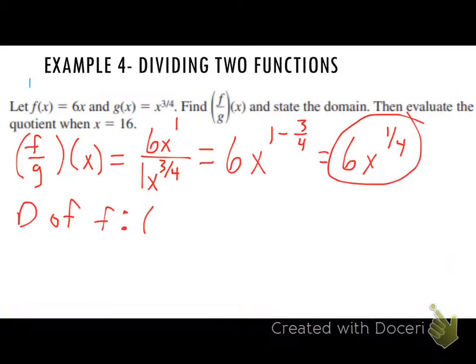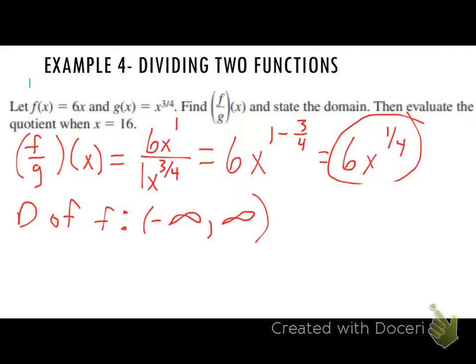X squared would be quadratic. F of x is linear. So what would be the domain of my linear function? Here would be the graph of 6x. Negative infinity to positive infinity. This one is linear.